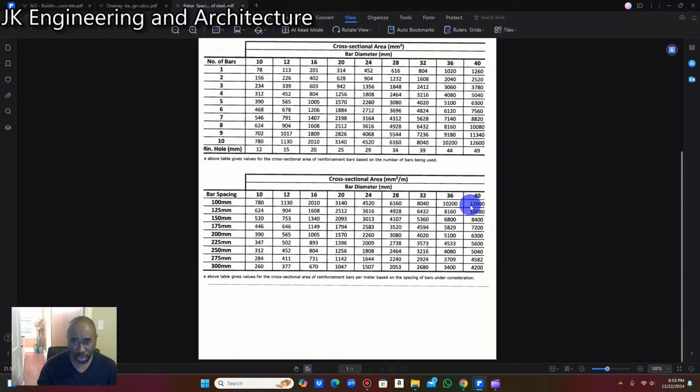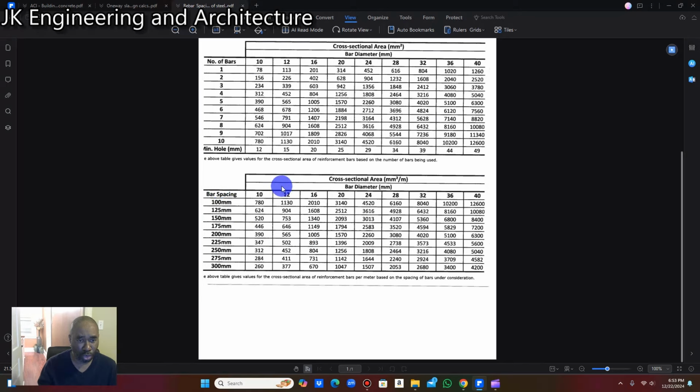We're going to use this second column, which is the cross-sectional area in millimeter square per meter, which we have just worked out. We have our bar diameters: 10 millimeter, 12 millimeter, 16 millimeter, and so on. This column is our area of steel in millimeter square, and this column is our bar spacing.